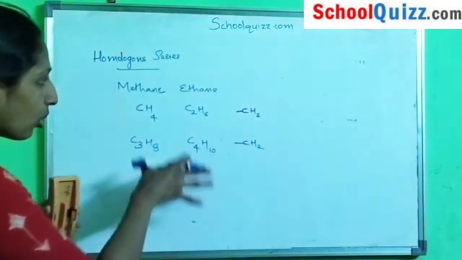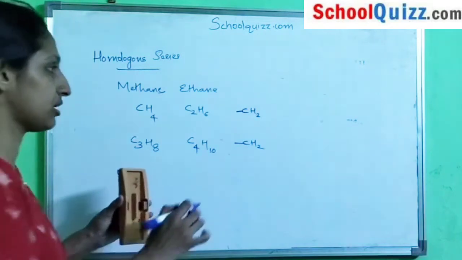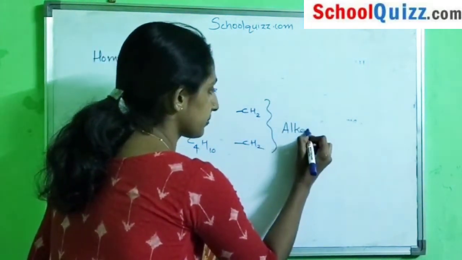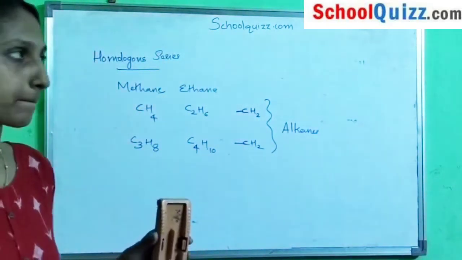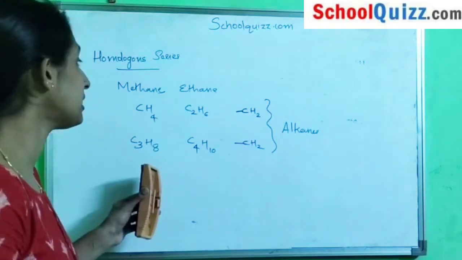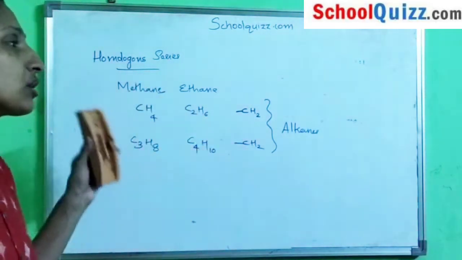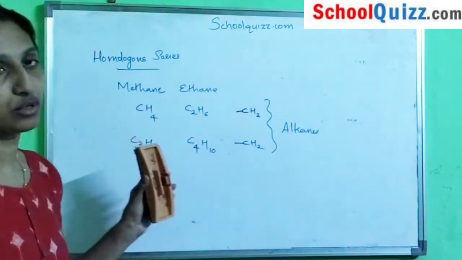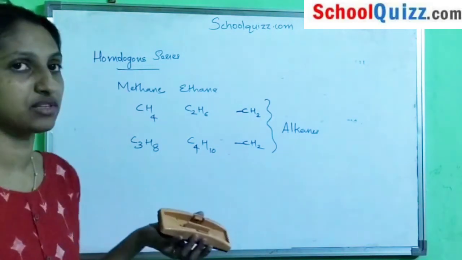So these all come under the category of homologous series, and this homologous series is known as the series of alkanes, differing by a CH2 group. In this homologous series, the physical properties of the compounds will be different. Chemical properties will be the same because the same functional group is present. Only their physical properties will be different.